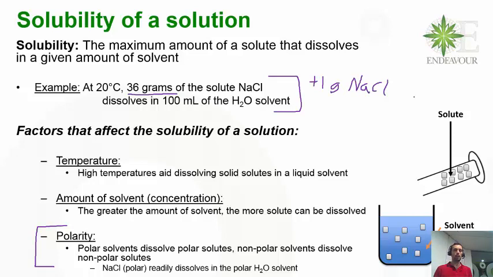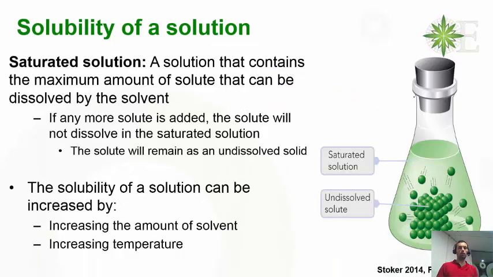Would it dissolve or stay as a solid? Because the solution is already saturated, it can't dissolve any more, therefore it's going to remain as a solid. There are ways we can change our saturated solution into a non-saturated solution, and that is by increasing its solubility by either adding more solvent or increasing the temperature.